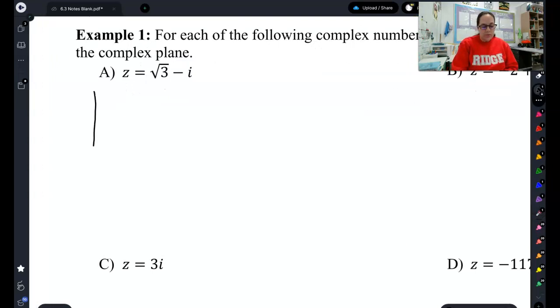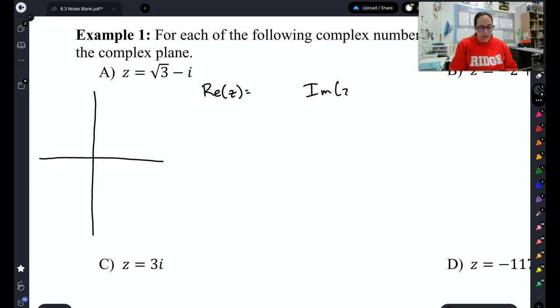So what we're going to do is we're going to graph this problem, and then we're going to list several different pieces of it. We want to list the real part, the imaginary part. Remember, the real part is the a, the imaginary part is the b. We want to list the modulus, which remember is the r.